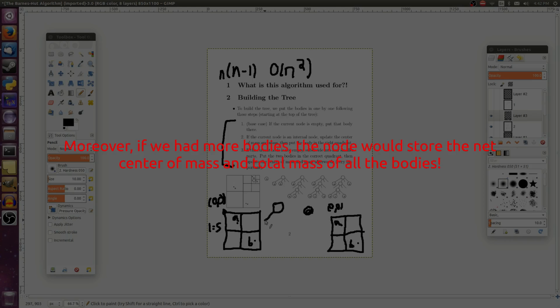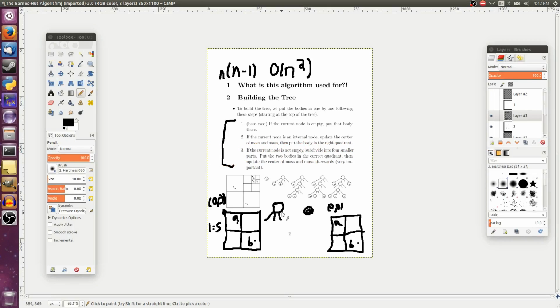So I said we're going to split into 4 quadrants. And these nodes right here are going to be initialized as empty nodes, well, nodes that don't have a body, but we'll be able to specify our location, because if we're going to split it up into 4, then each one is going to have side length s over 2.